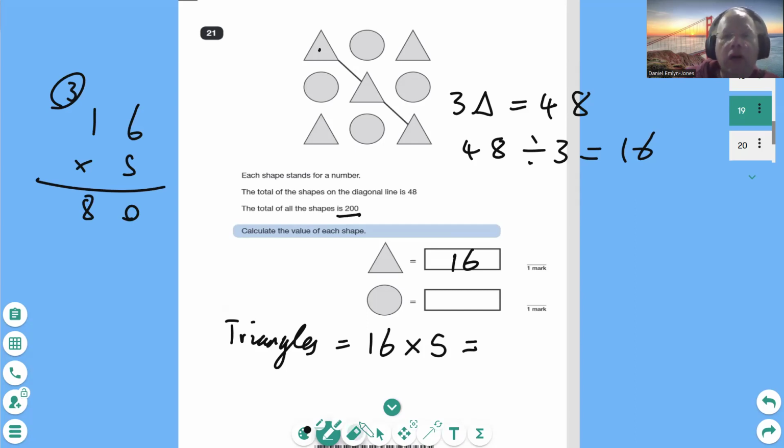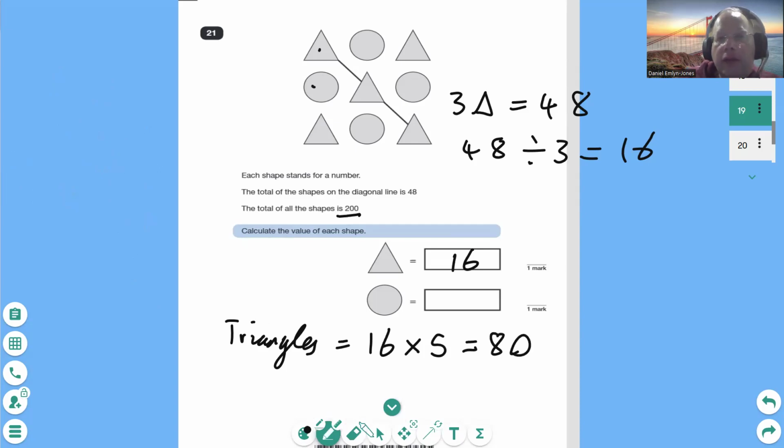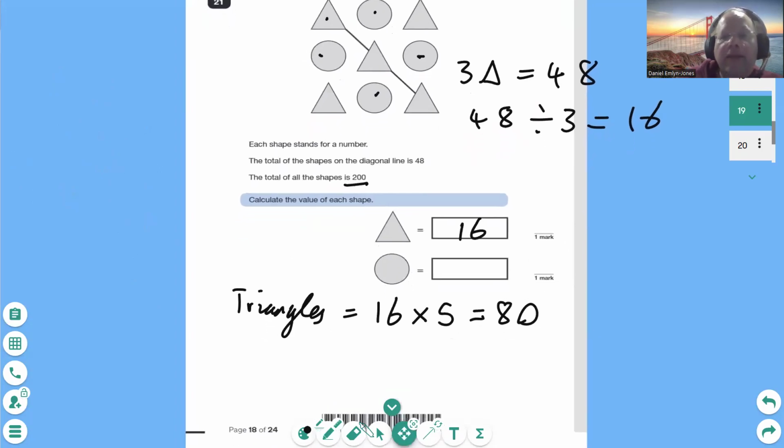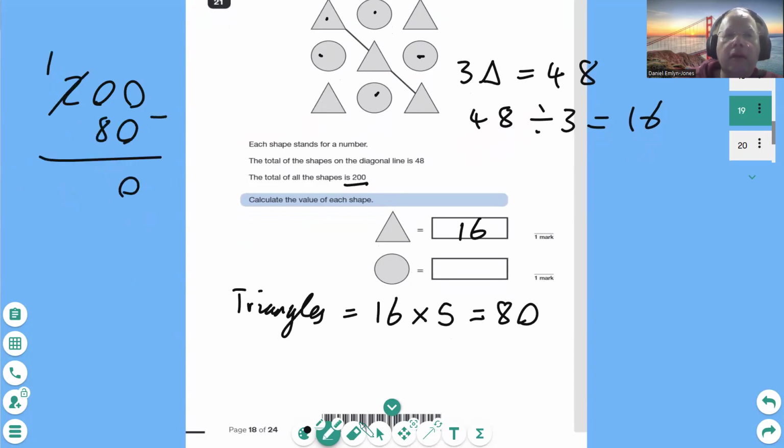So in order to get the 1, 2, 3, 4 circles, we have to take away the 80. So we do 200 minus 80, which will give us 120.